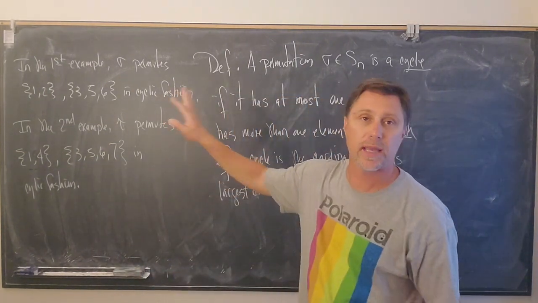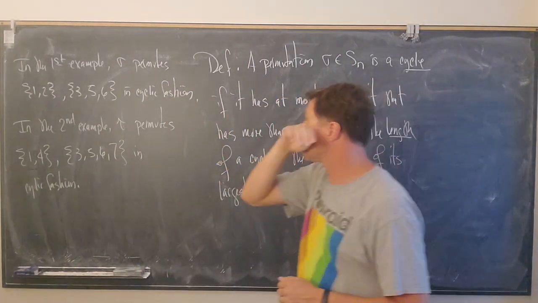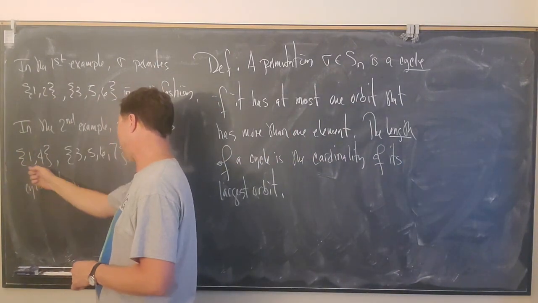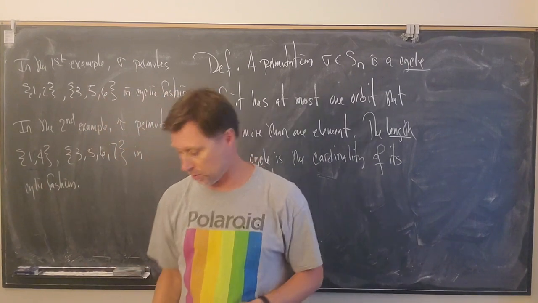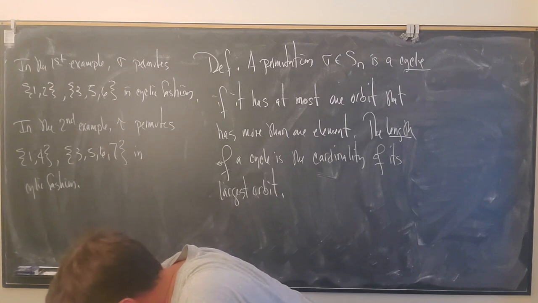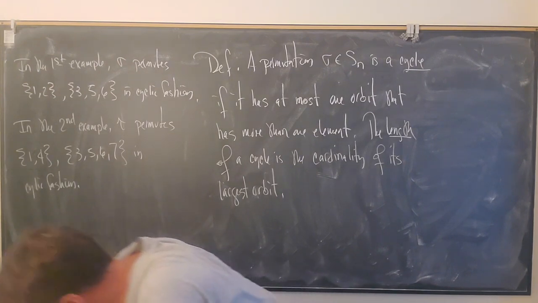My previous two examples are not cycles, right? Sigma has a couple of orbits that have more than one element in them. Same with tau, right? So those are not cycles. But let's do an example now.